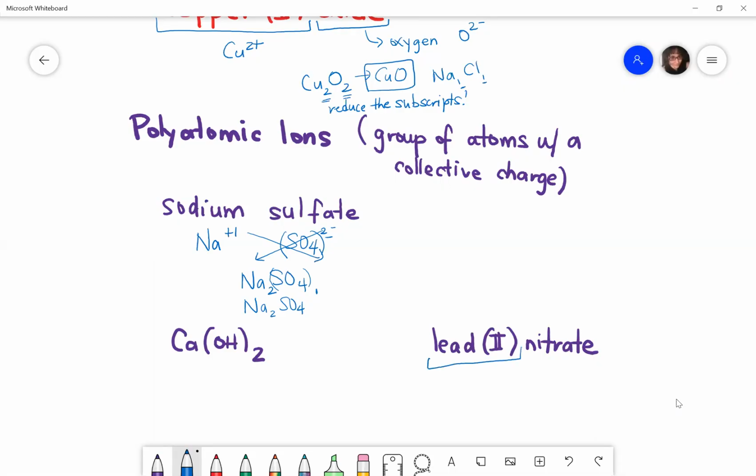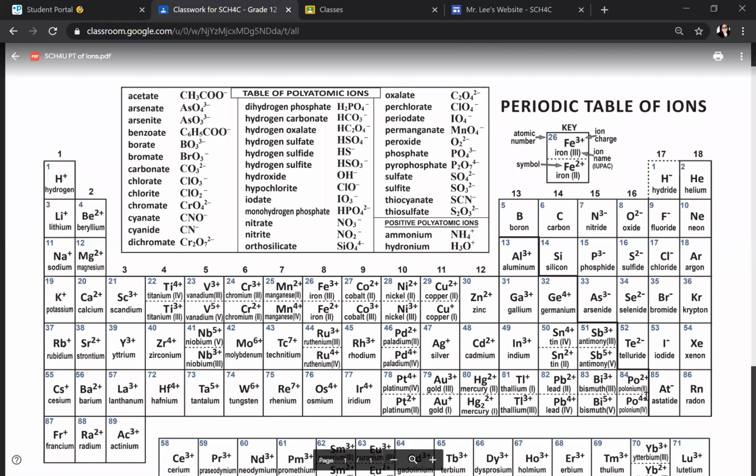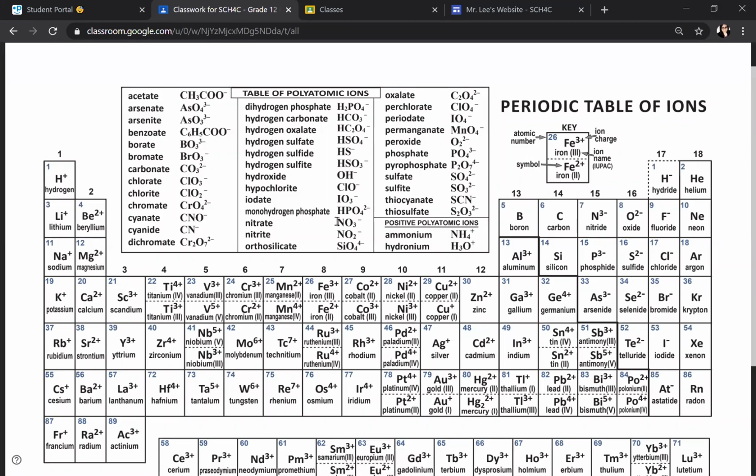Same thing for the lead 2 nitrate. The lead 2 stays together. The nitrate is the polyatomic portion. The lead 2 is your transition metal. So same idea, back to the periodic table, and then we'll come back to this one in a minute. So periodic table, we're looking for lead 2, and we're looking for the nitrate. So the nitrate's up here under N, it's nice and organized for us.